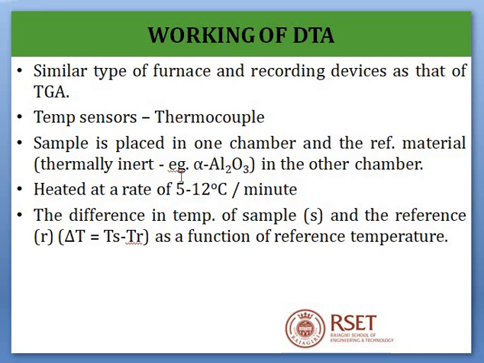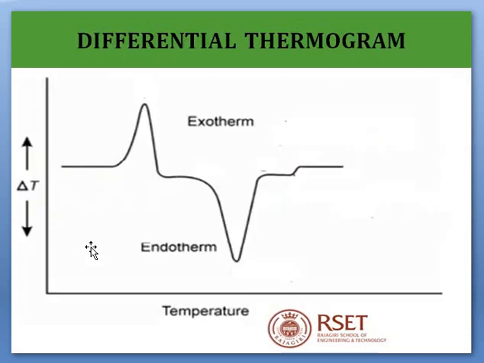Then both are heated at a controlled heating rate from room temperature to higher temperature. Then the difference in temperature of the sample and reference is taken as delta T, and this delta T is plotted as a function of temperature. And the graph obtained from differential thermal analysis is known as differential thermogram.